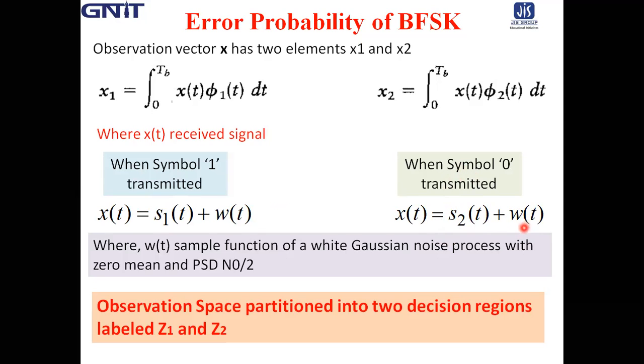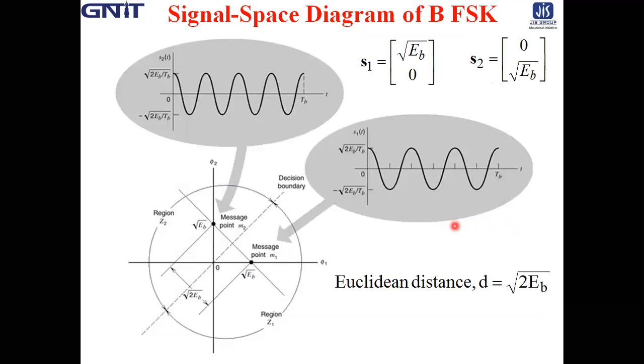Now applying the decision rule, we find that the observation space is partitioned into two decision regions labeled as Z_1 and Z_2. So this is the decision boundary, and this region is called Z_1, region 1, and this region is called region Z_2.